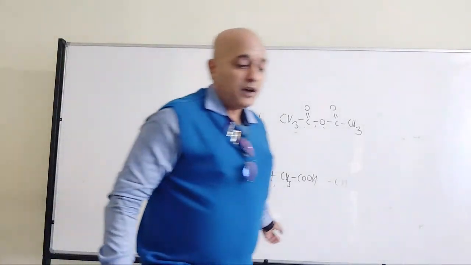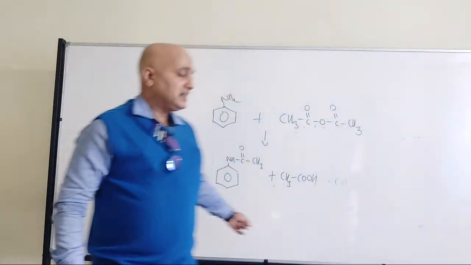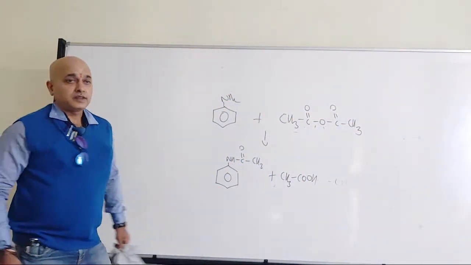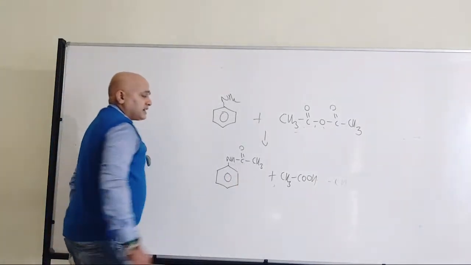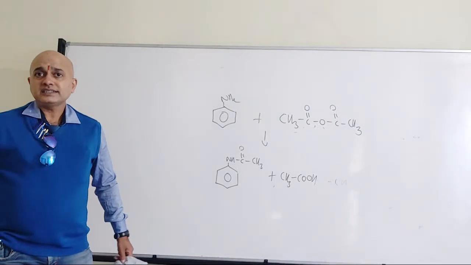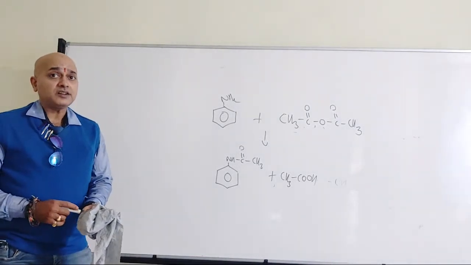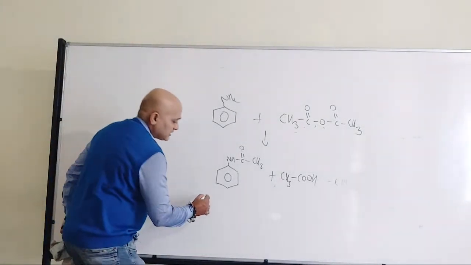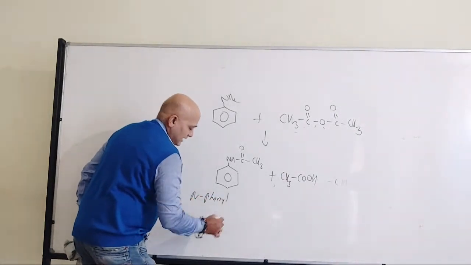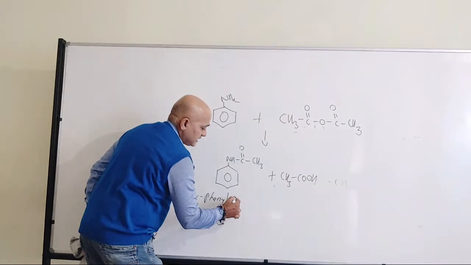Now this molecule can be named based on the acid: two carbons, acetic acid or ethanoic acid. Based on that you can call it N-phenyl ethanamide.